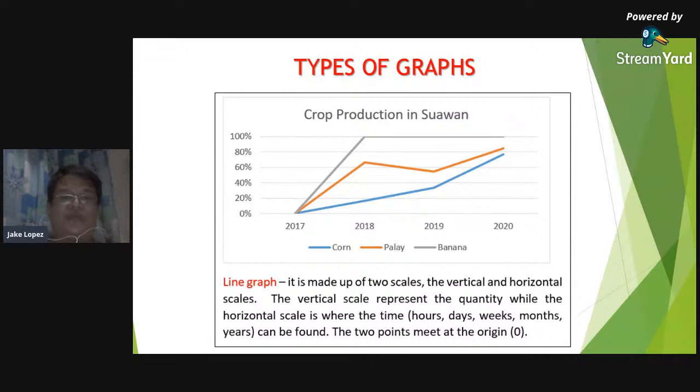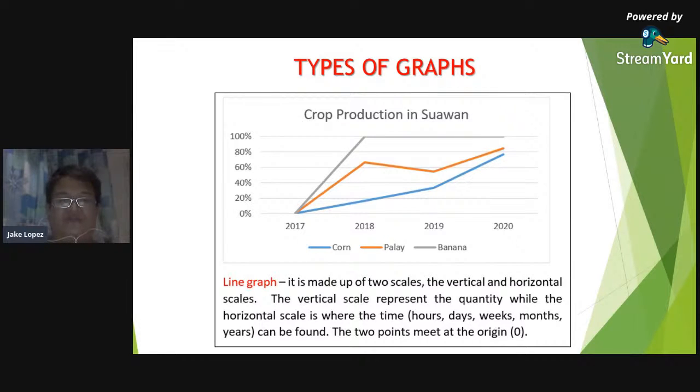The production from 2017 was zero, and at 2018 it started to grow. Nakita natin 2018, 100% yung banana, and it's steady until 2020. Among the three kinds of crops, the banana has a steady production up to 100%.